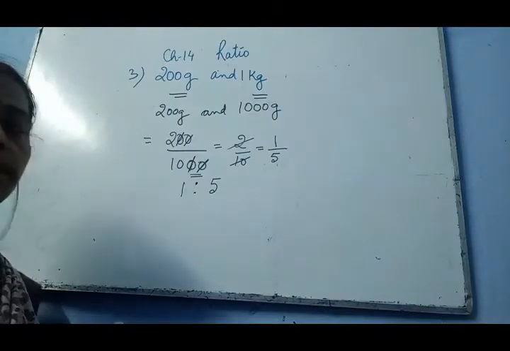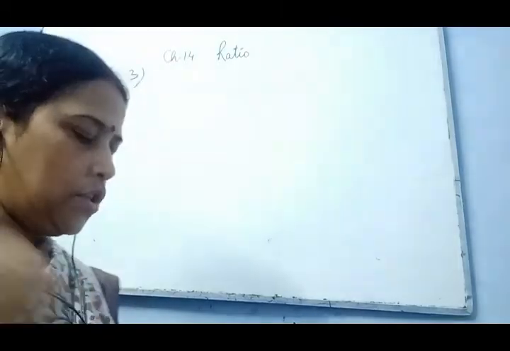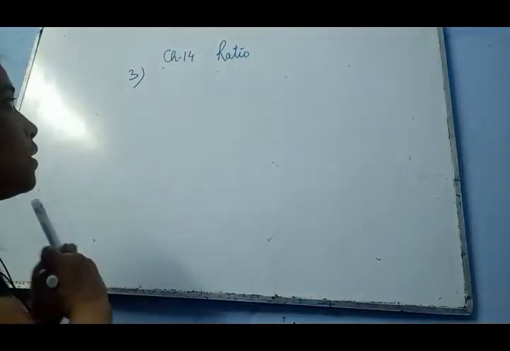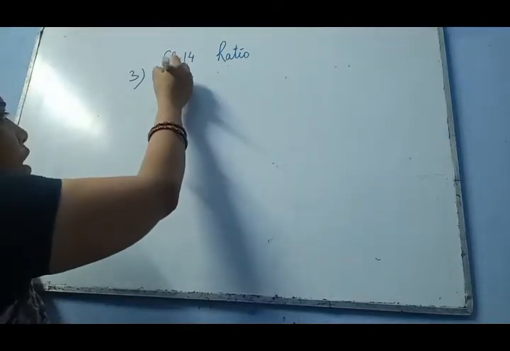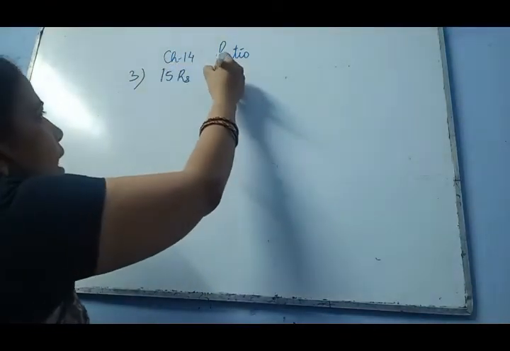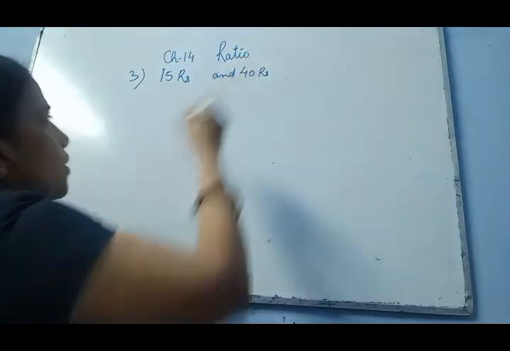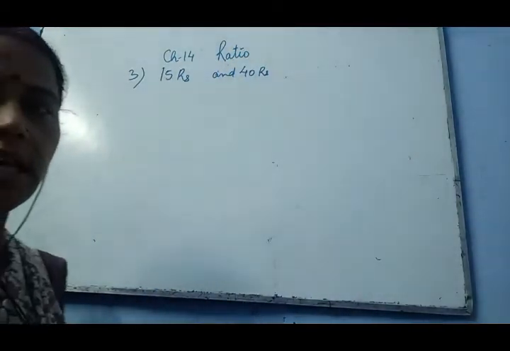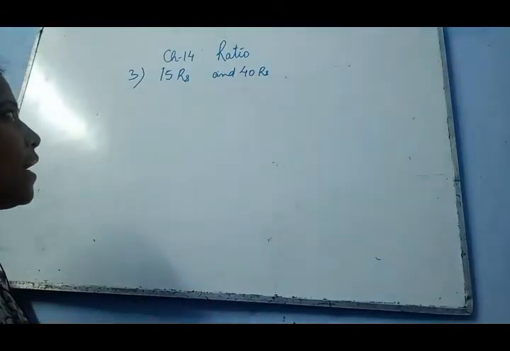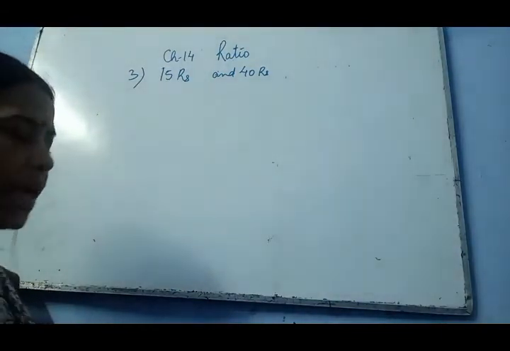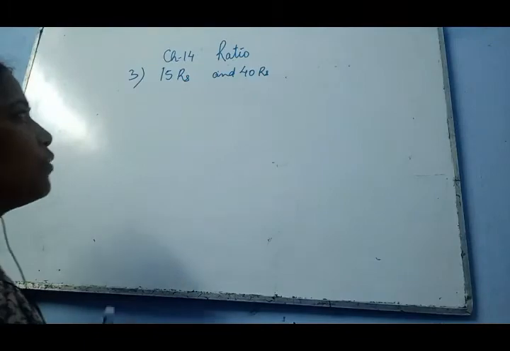Now suppose we have 15 rupees and 40 rupees, and we have been asked to find the ratio. Now what will we do?